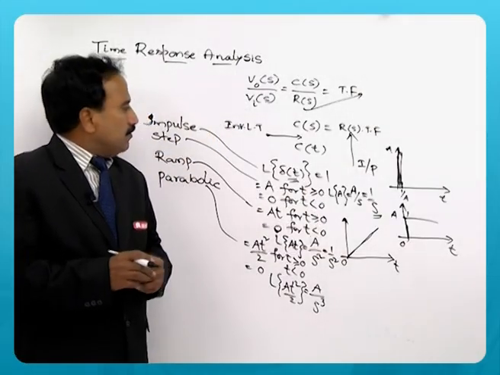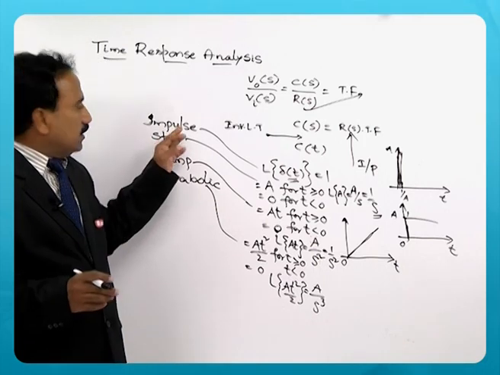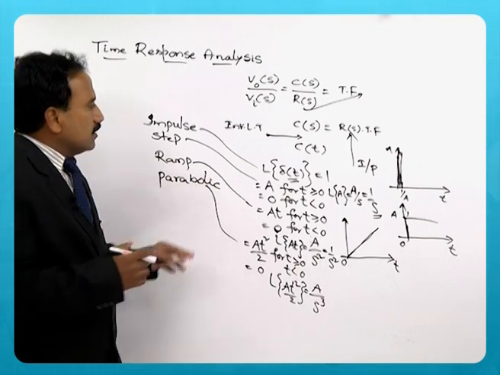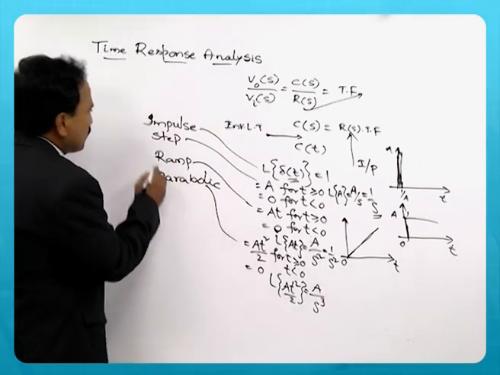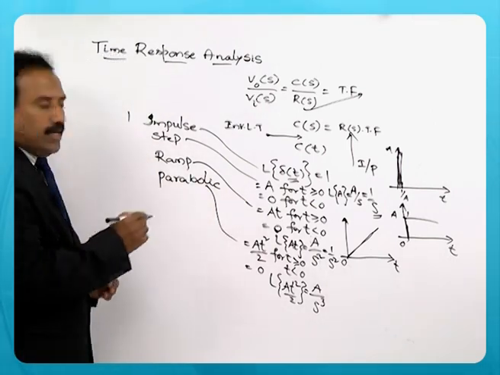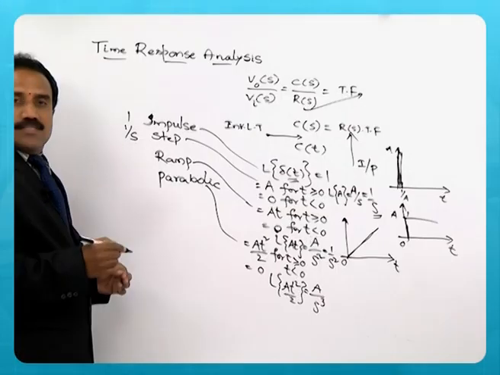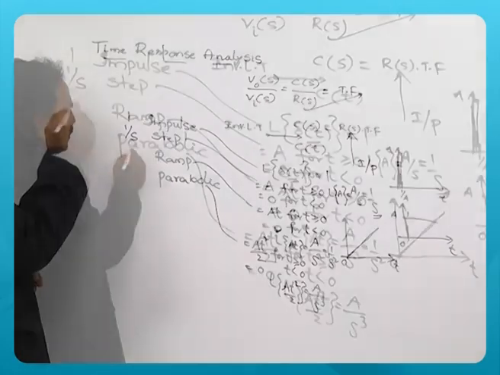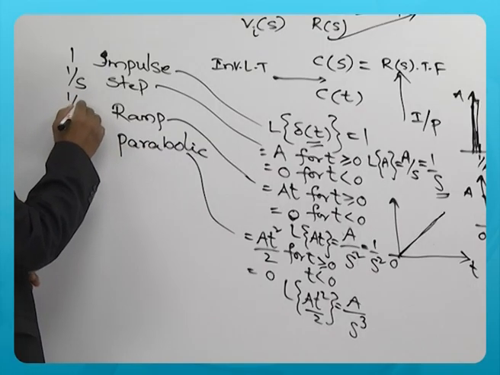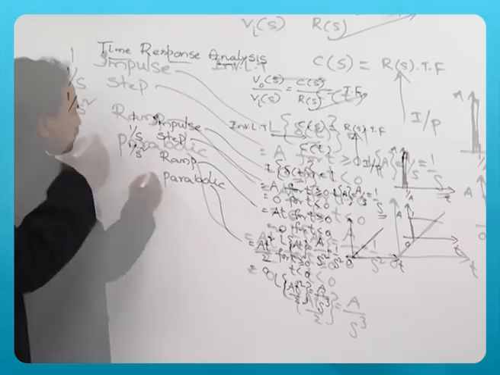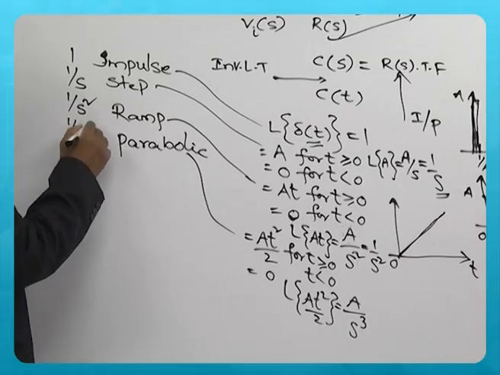Now you just see the beauty of the relation that exists between these signals. The Laplace transform of impulse is 1, the Laplace transform of unit step is 1 by s, the Laplace transform of unit ramp is 1 by s square, and the Laplace transform of parabolic is 1 by s cube.